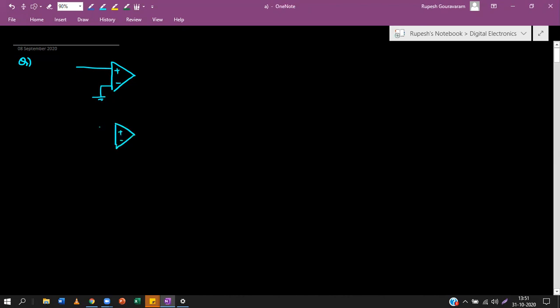Plus, minus. This is also grounded. So both of these are op amps, and the output of the op amp is connected to a circuit like this.